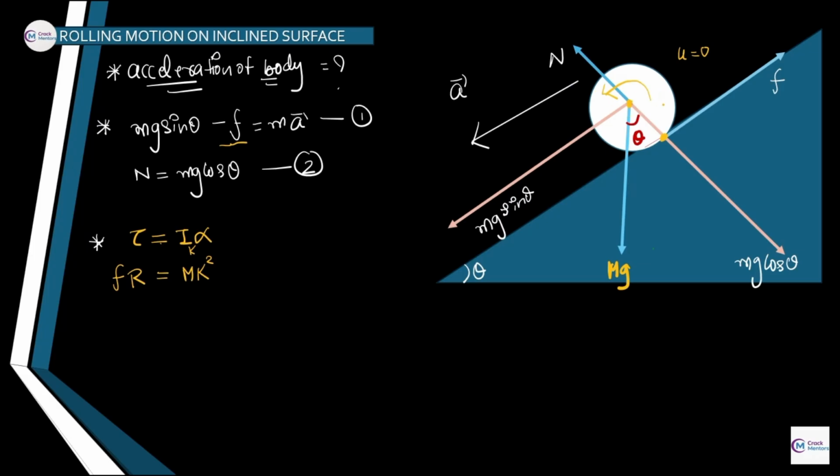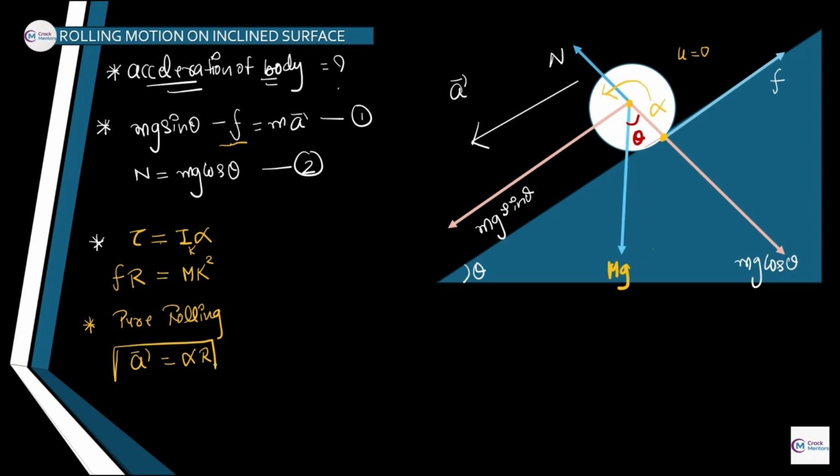In accordance with pure rolling, the tangential acceleration and the translational acceleration must be equal. Tangential acceleration is alpha r, and the translational acceleration is the acceleration of the center of mass of the body, and they must be equal for pure rolling.